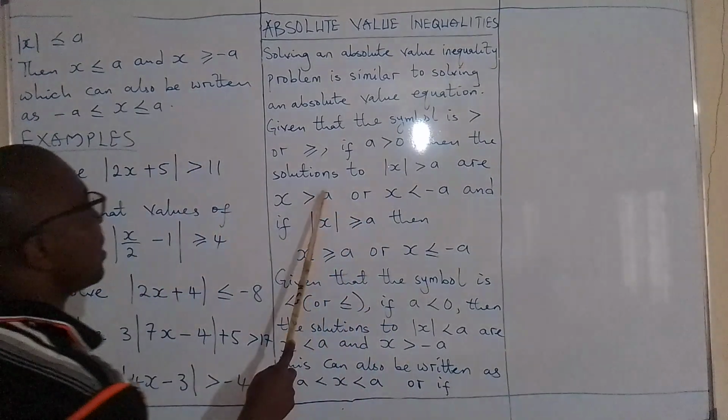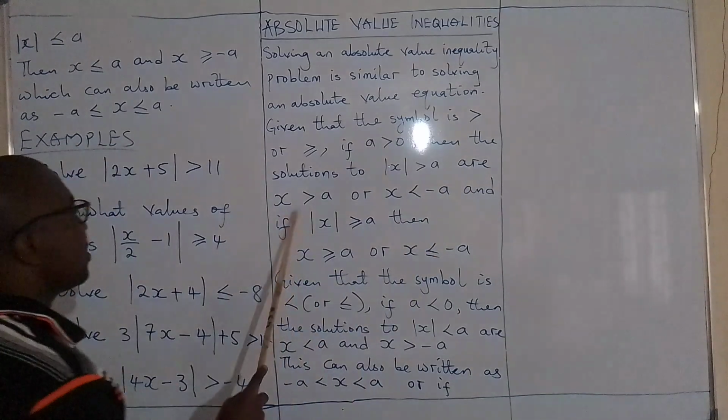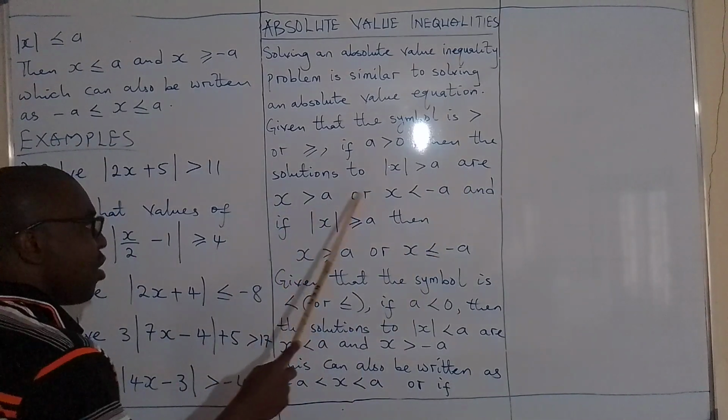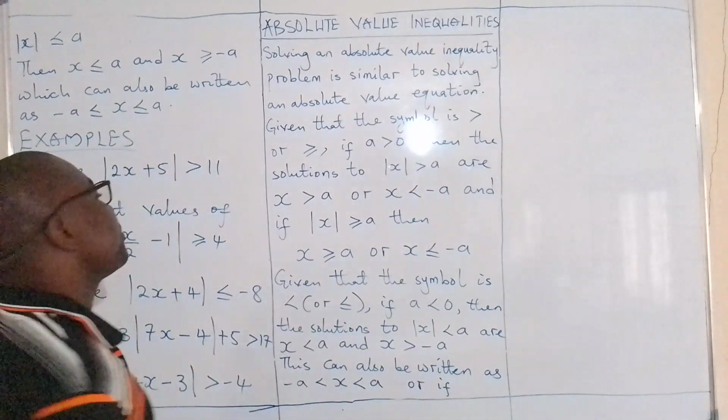So the solutions to the absolute value of X is greater than A are X is greater than A, or X is less than minus A.